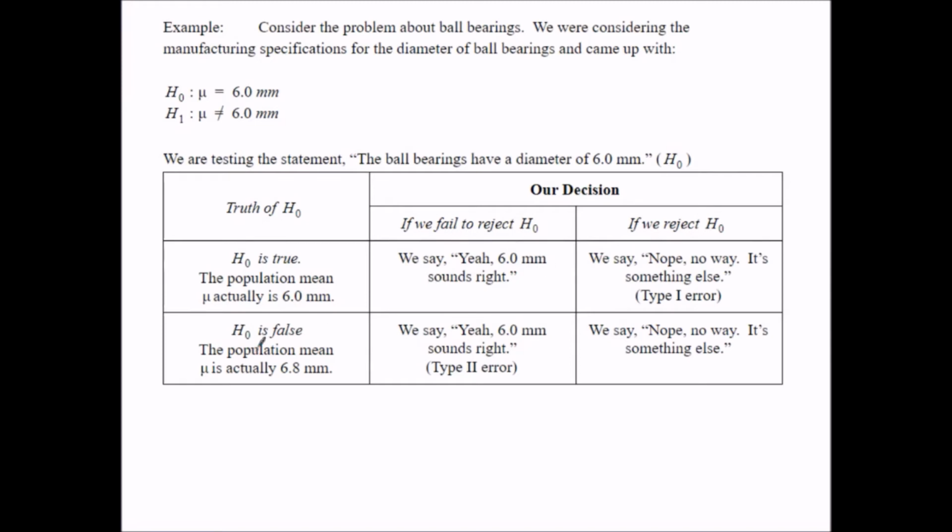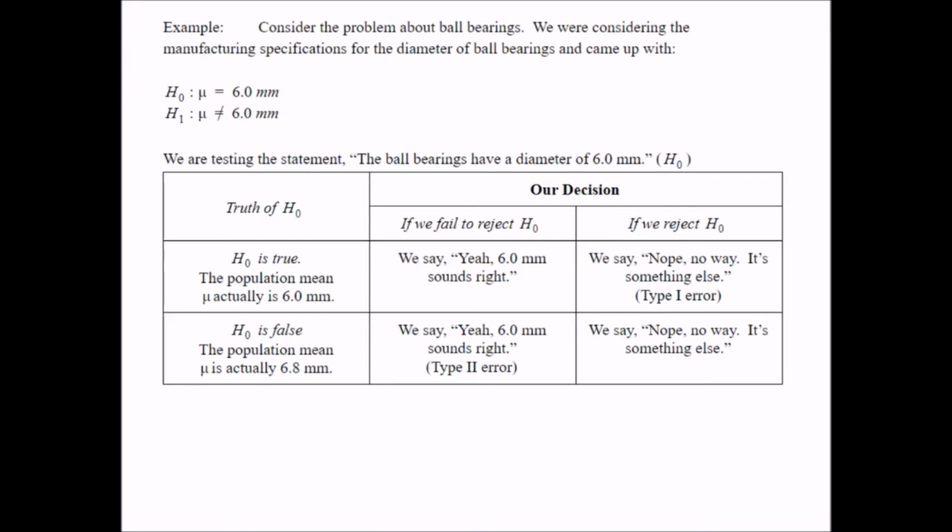Now, if we somehow find out later that they're actually 6.8 millimeters, so the null hypothesis is actually false, and we say, yes, 6 millimeters sounds right, that's a type 2 error. Whereas if it's false and we say, nope, it's got to be something else, then that's the right decision.